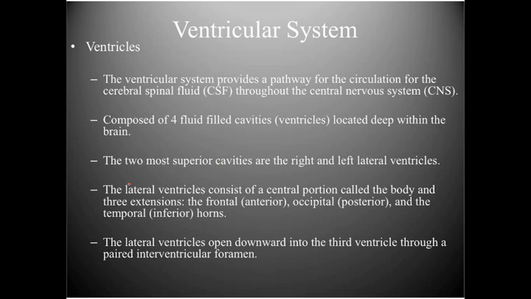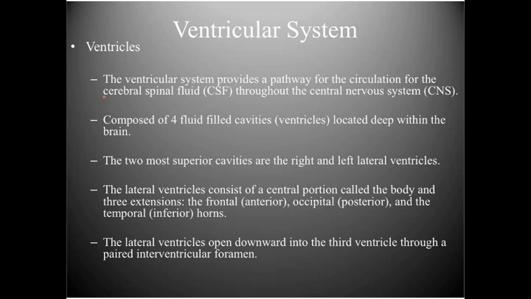So as we all know, the ventricle system is very important in terms of looking at the brain, and it's very important for us to distinguish what is normal and abnormal, so that we can better differentiate what is pathological and what is not. The ventricular system provides a pathway for the circulation of cerebrospinal fluid throughout the central nervous system.